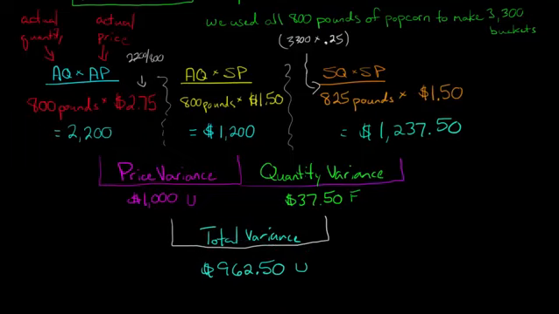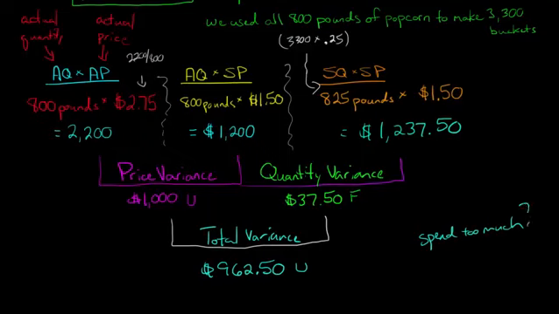$962.50 unfavorable balance. Now, upper management goes by and says, hey, look at this popcorn. We really have a big unfavorable variance there. We should look into that more. Oh, it's actually our price that's driving it, right? So now you're getting a little bit of a deeper analysis. We said before, are we spending too much? Is that the problem when we have that spending variance?